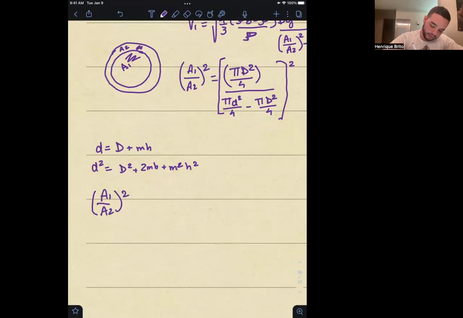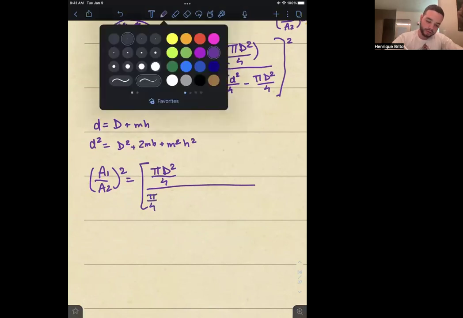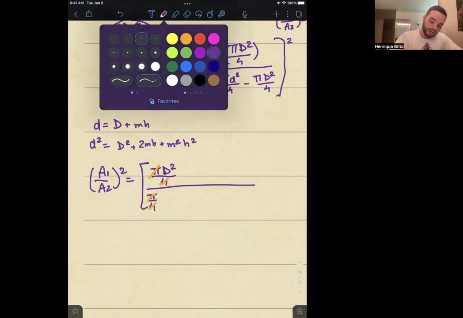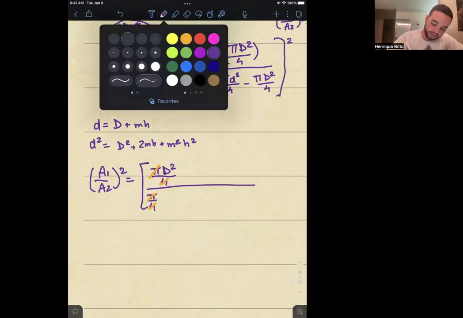2 squared is equal to this, so we already have that. I'm just going to take this out. Since they're both multiplied by pi and divided by 4, let's just get them out of there. So we did. Now we have a little more than I expected.